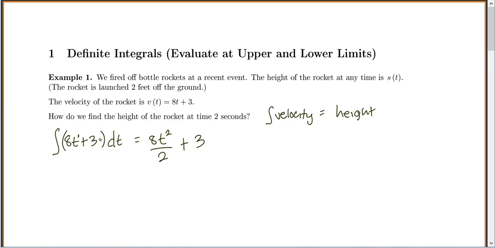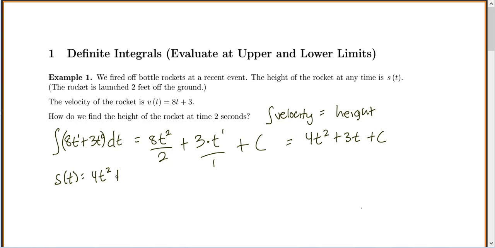Plus 3, which is like 3 times t to the power of 0. So 3 times t raised to the power of 1, divided by your new power, plus some unknown constant c. So we have 4t squared plus 3t plus c as my height. So s of t, again, is 4t squared plus 3t plus c.